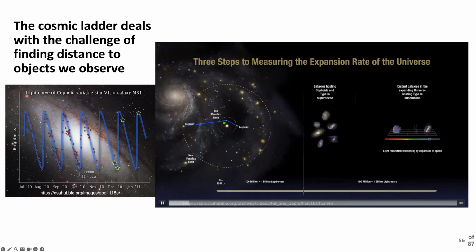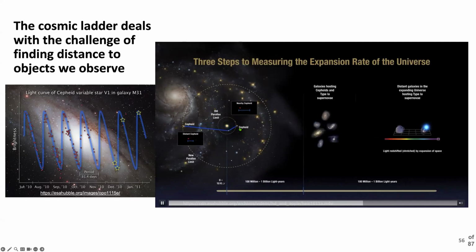So here's Earth going around the sun, and we're seeing the apparent position of this Cepheid variable against the background of very distant light sources. Now we can do it for Cepheid variables that are much farther away.